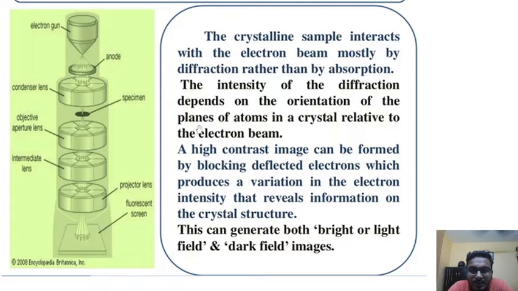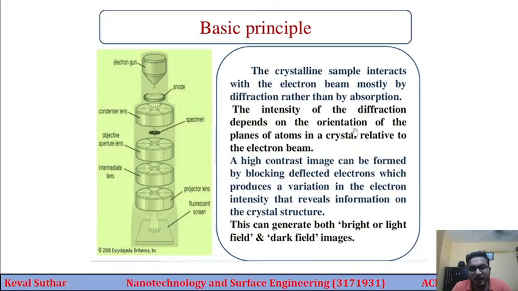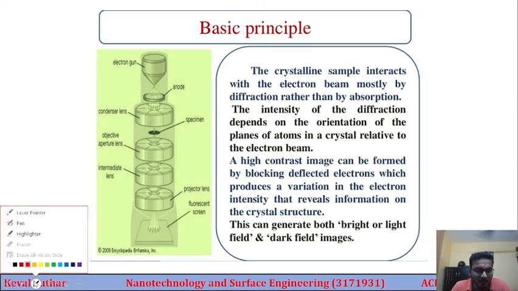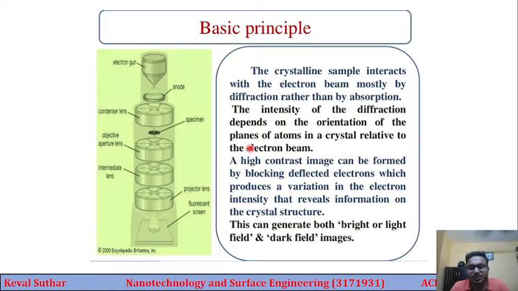a high contrast image can be formed by blocking deflected electrons, which produces a variation in the electron intensity that reveals the information on the crystalline structure.